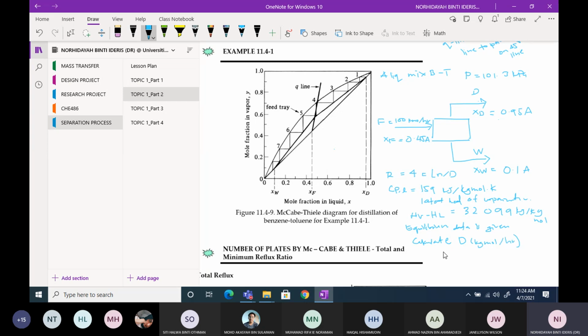And then also the kilogram mole per hour bottom, which is W. And also the number of theoretical stages needed. So we want to calculate D, W, and N, and eventually if you solve for N, you can also look up the location of your feed tray. So you need to calculate these three things. I think the first one, for D and W, is easy.